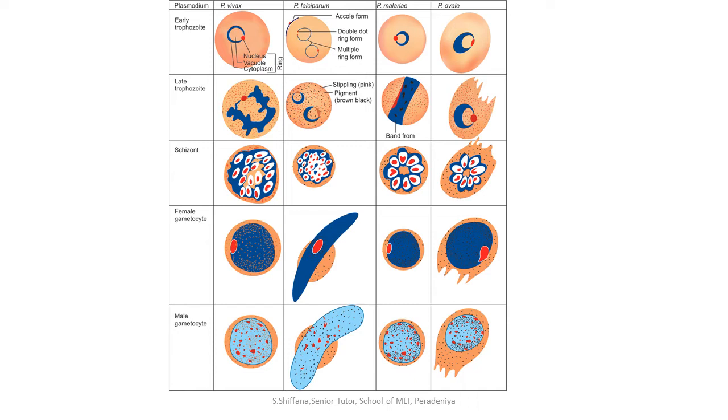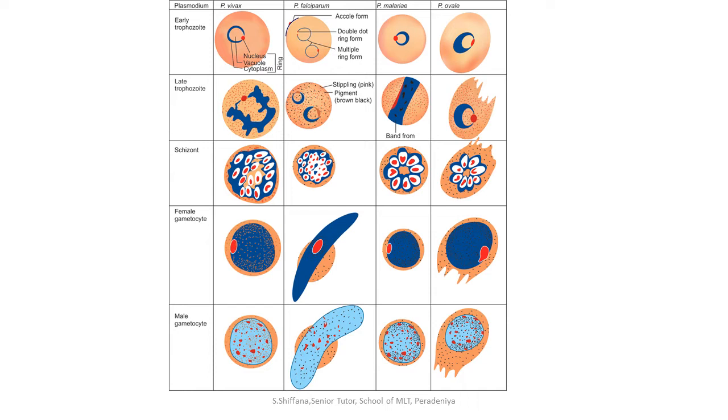When we consider the Plasmodium vivax early trophozoite or ring stage, here we can see a single ring inside the RBC, and it converts into the late trophozoite. In the early ring stage we can see a very nice ring-like cytoplasm, but in the late trophozoite stage, we cannot see the exact shape of the cytoplasm of the parasite.